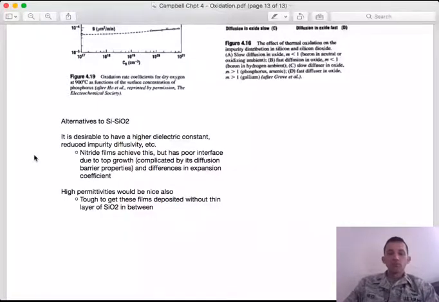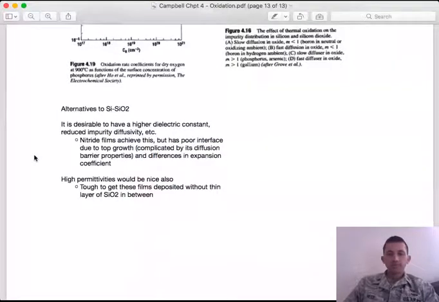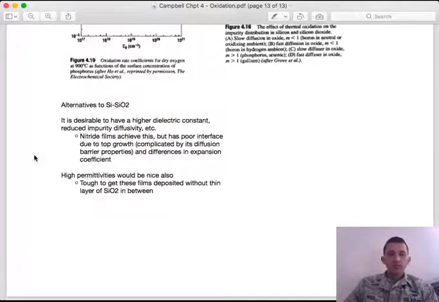You grow it from the top where you have your impurities, and also you have a bigger difference here, an expansion coefficient between the silicon and silicon nitride. And to get high permittivities, they've done things like deposited other films on top of silicon.